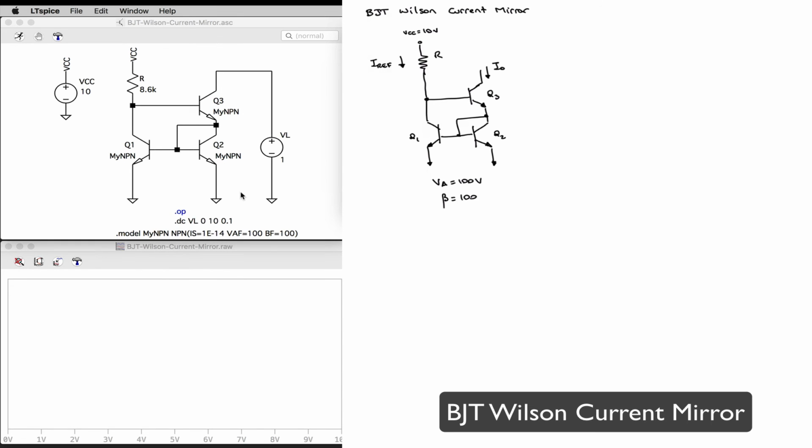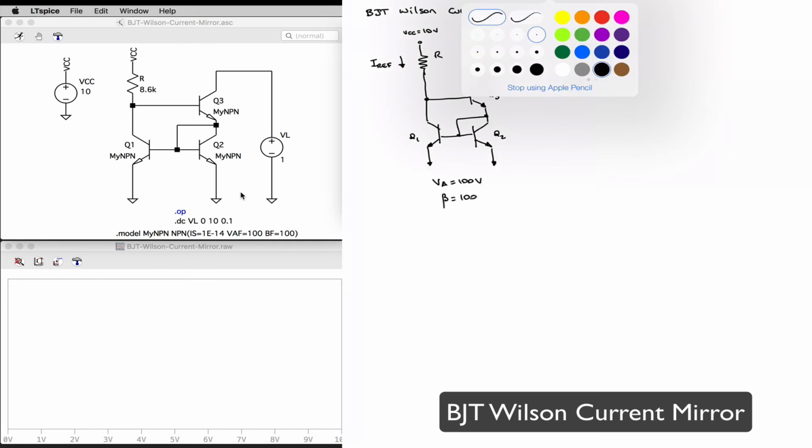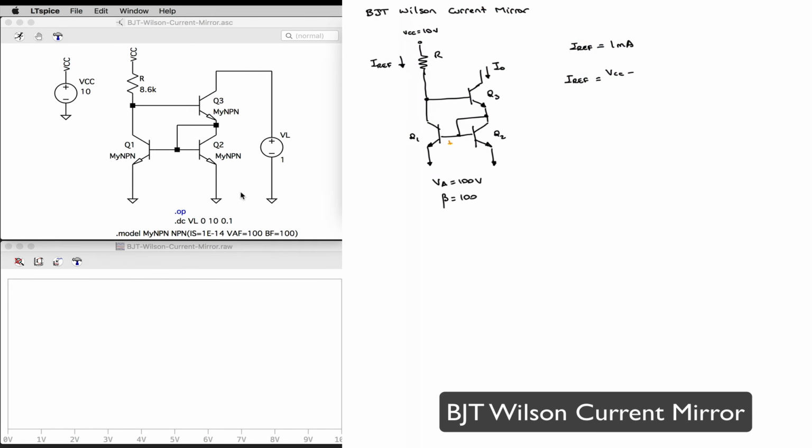Let's go ahead and do the calculations. If I wanted my Iref to be 1 milliamp, then by Ohm's law, Iref is going to be equal to VCC minus, and this is now 2 voltage drops, VBE and another VBE from here to there.